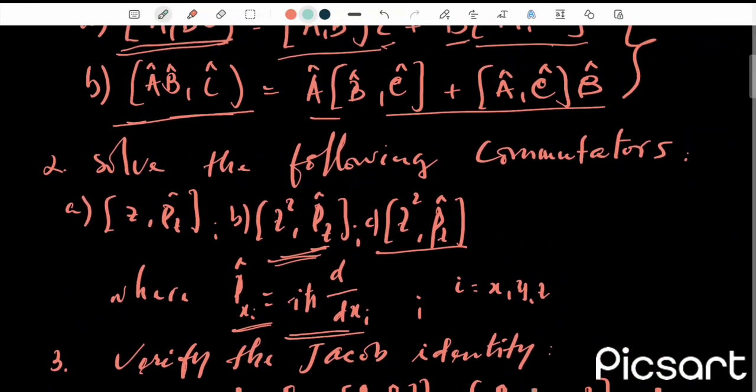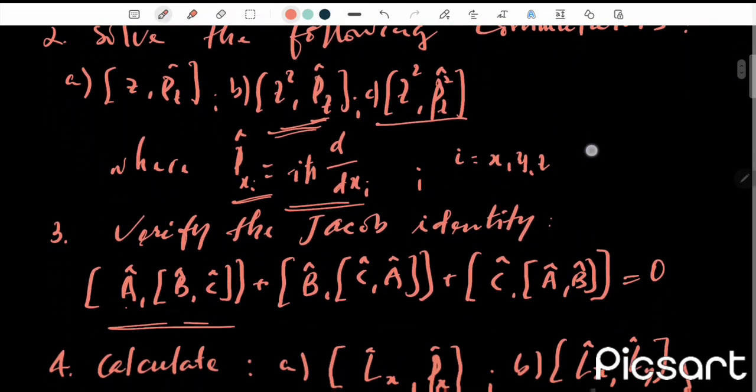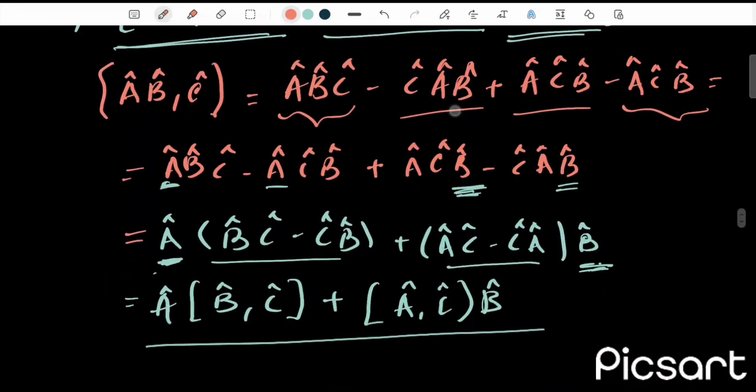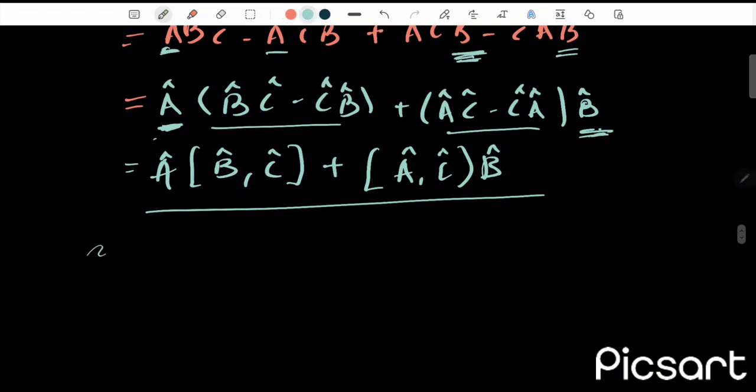Okay, we have A, B and C. Sorry, here I forgot the square. Okay, we have now the second exercise with A, the commutator of Z and the Z component of the linear momentum.